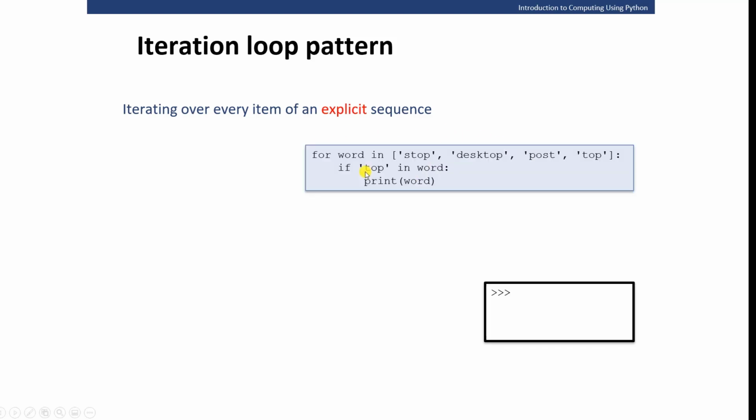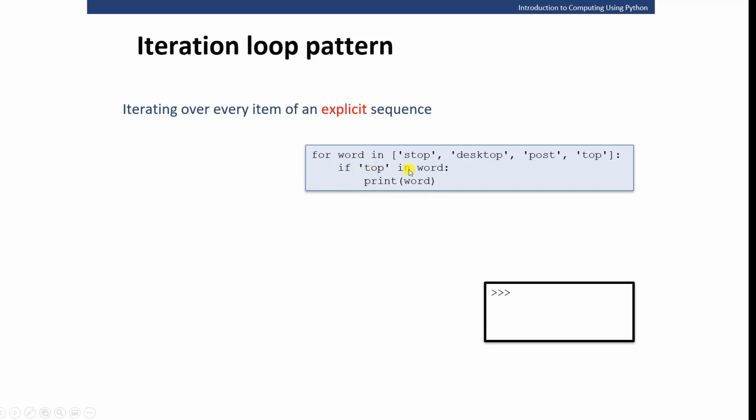Another example of a sequence is what, guys? The list. As we can see, for the variable word in the list, what we have to do is implement the indented code block, which in our case is another control statement, an if statement.